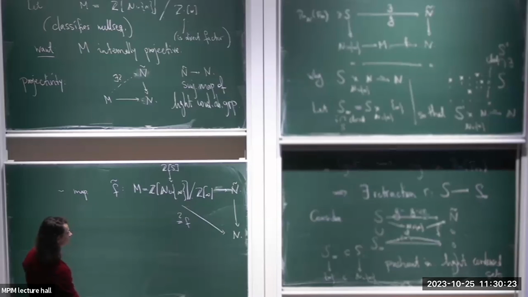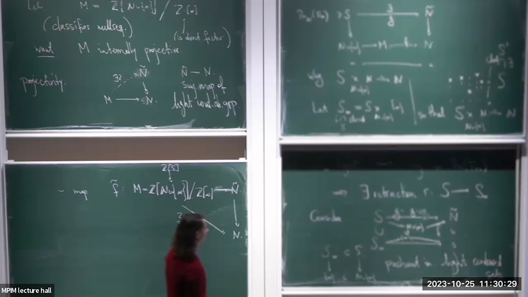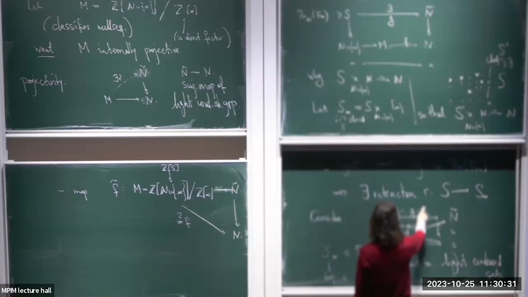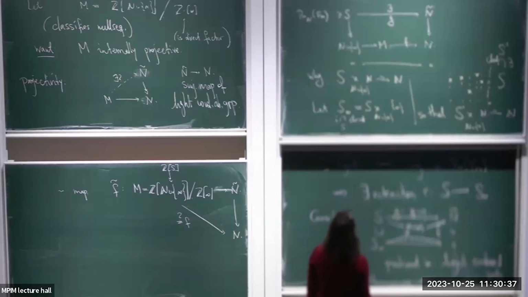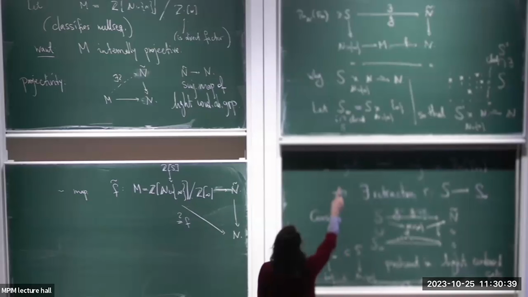And the point is that if I take this thing that I used here as a correction term and I project that down to N, then this is this map from S to N. This vanishes on all of S infinity.